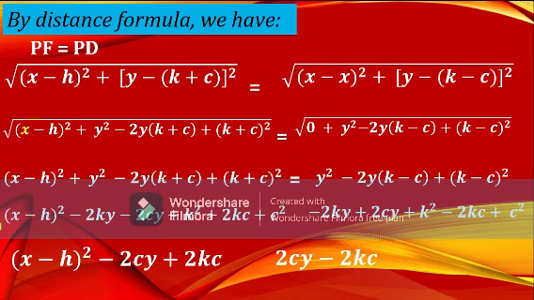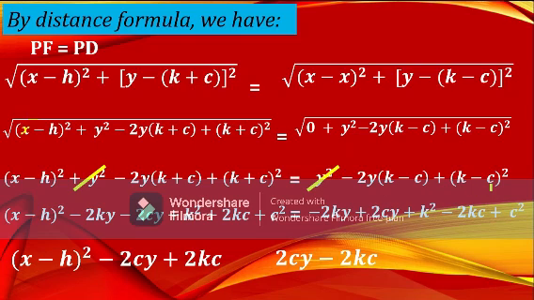Okay, let's continue. So we have here the quantity x minus h squared minus 2ky, because you have to multiply negative 2y times k, you have negative 2ky, negative 2y times c, that's negative 2cy, plus, squaring a binomial, this is your first term, this is your second term, square the first term, you have k squared, twice the product of the first and the second term, you have 2kc, plus square the last term, c squared, is equal to negative 2ky, that is negative 2y times k, then negative 2y times negative c, that's plus 2cy, then copy k minus c quantity squared.